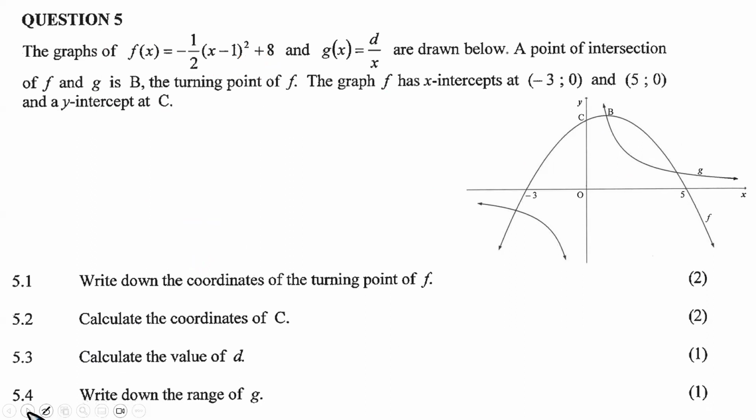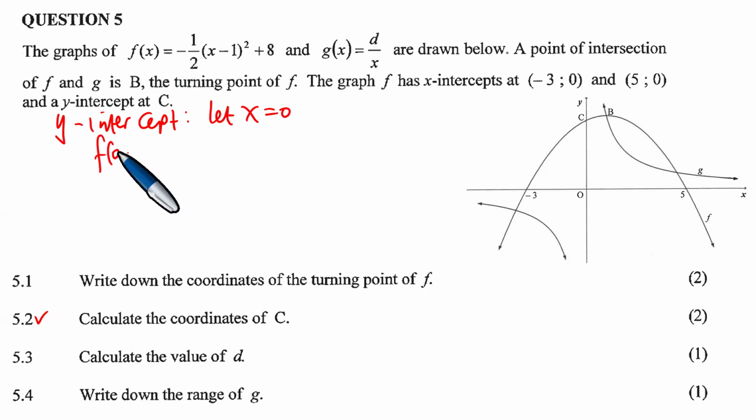Next question. We need to now calculate the coordinates of C. C is the y-intercept. So the way you find the y-intercept, you let x be 0 in f. So f of 0 is minus 1/2 times (0 minus 1) squared plus 8.